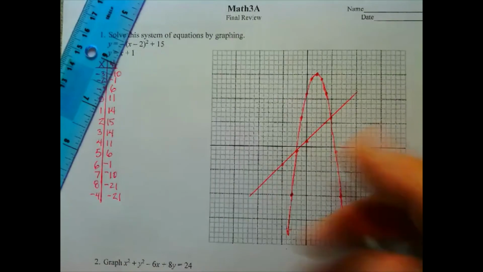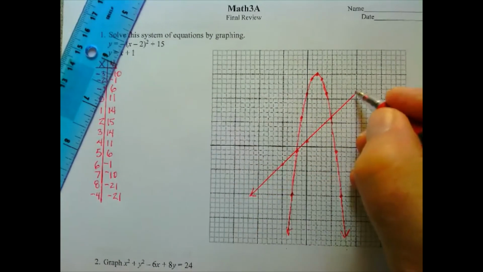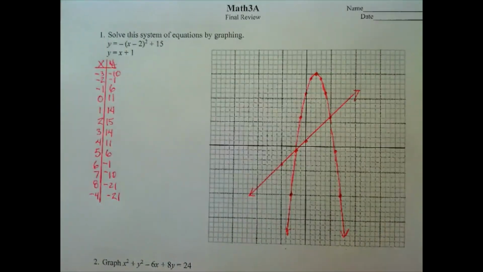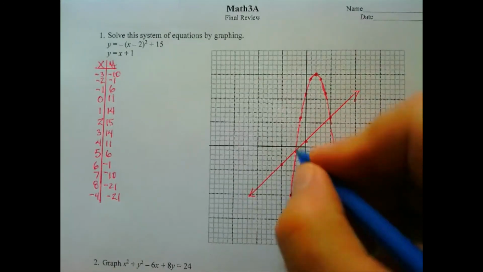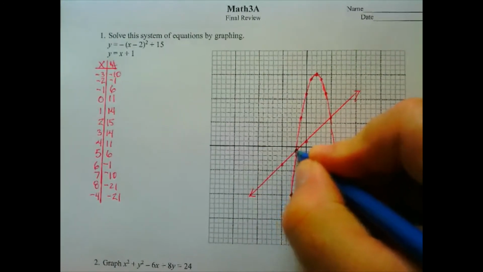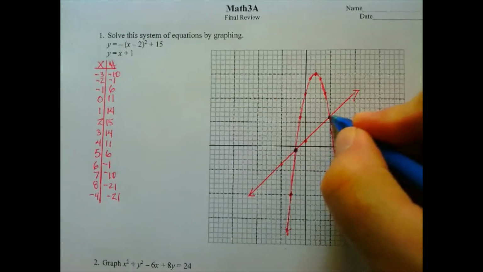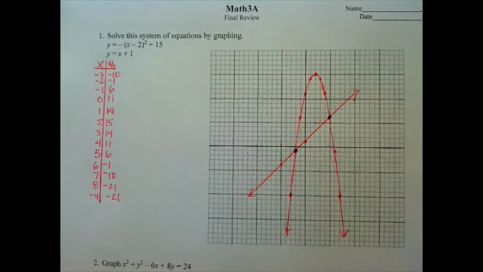And then there is the straight line part. Now, since this is solve the system of equations, that means I need whatever points would simultaneously solve both equations. So that is where the two curves intersect.